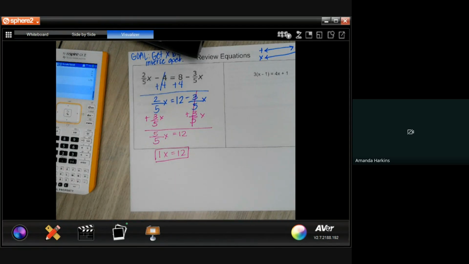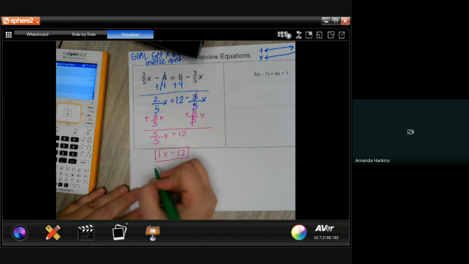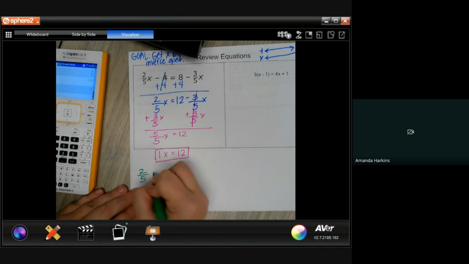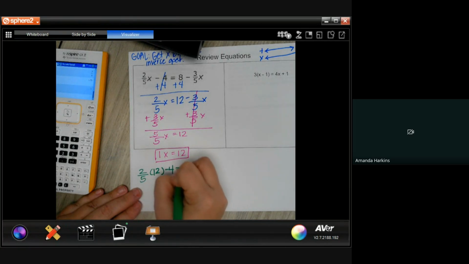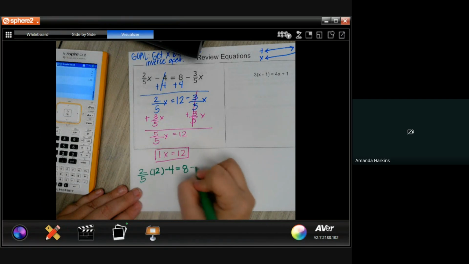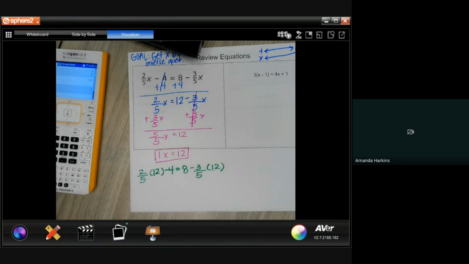Now I can go ahead and substitute to make sure that what I did was correct. So I can do 2/5 times 12 minus 4 equals 8 minus 3/5 times 12. Let's put that in our calculator to check.